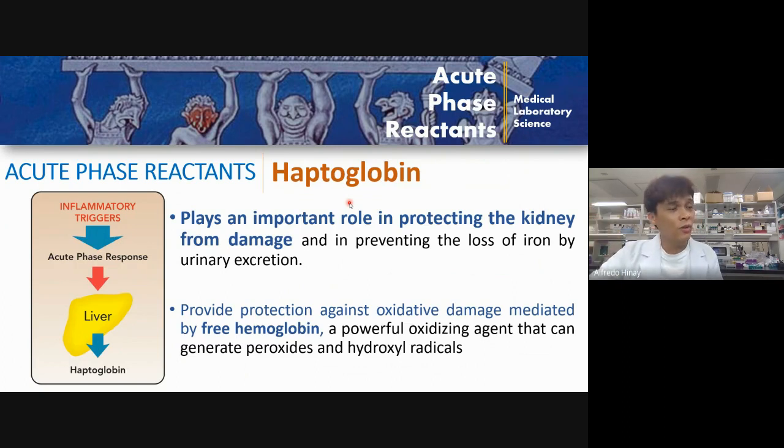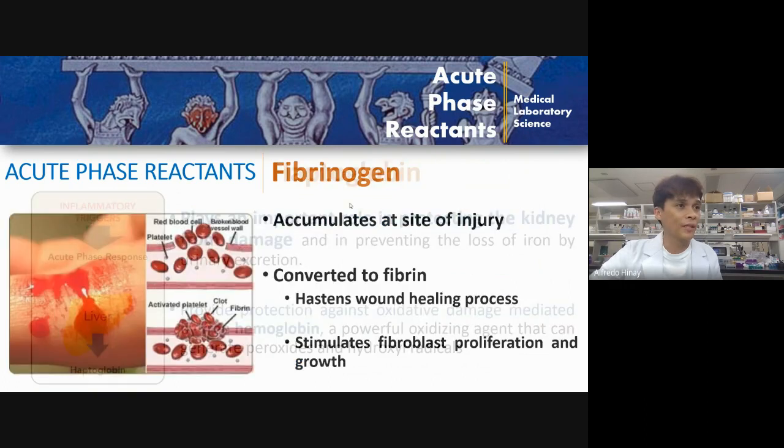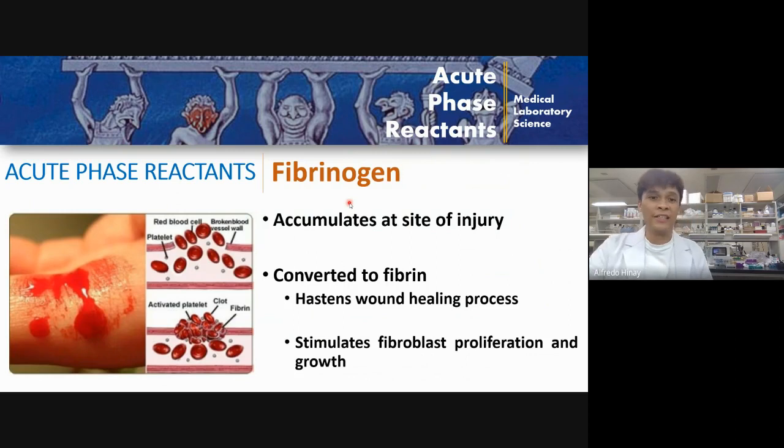For immunology, again, it's more on the part of your acute phase reactants. And then you have your fibrinogen, which accumulates at the site of injury and is converted to fibrin. Your fibrin is a mesh that aids the wound healing process and stimulates fibroblast proliferation.